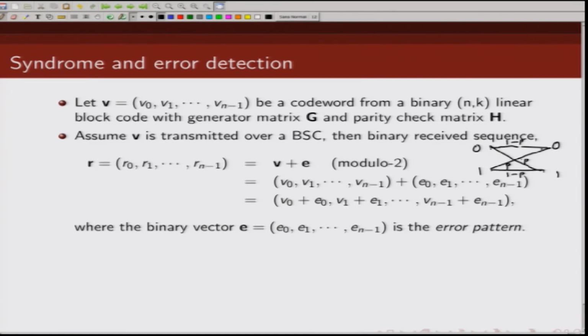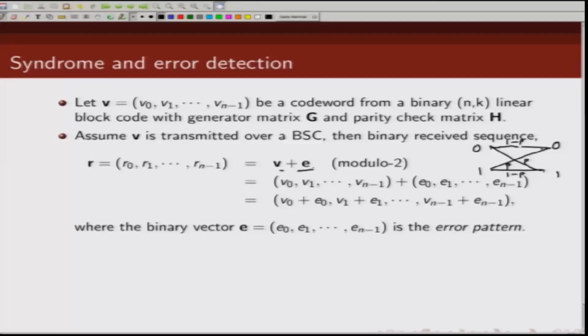Let us denote by R our received sequence, the received code word which we sent over this binary symmetric channel. The output of the binary symmetric channel is also 0 and 1. So, we can describe the output R as our transmitted code word plus some error vector. Our transmitted code word is an n-bit tuple. Similarly, our error vector is also n bits.